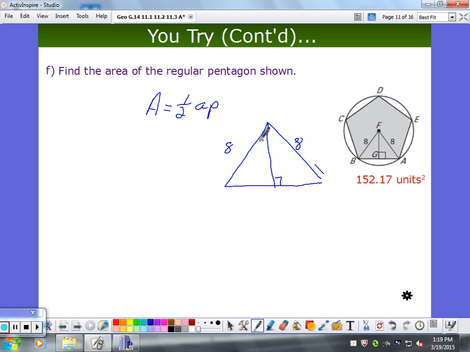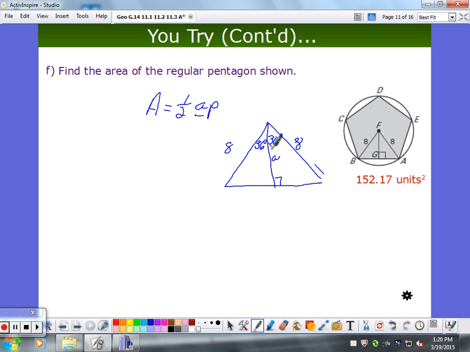I can find this big angle by taking 360 divided by 5, which is 72, right? Since these are 2 congruent triangles, I take half of that and get 36. Okay, so I need the apothem. This is the apothem right here.